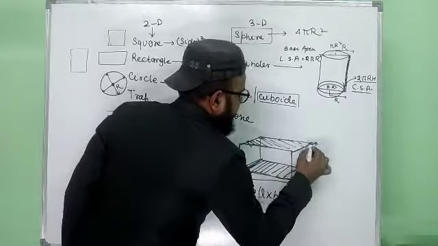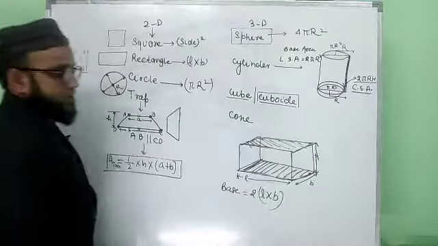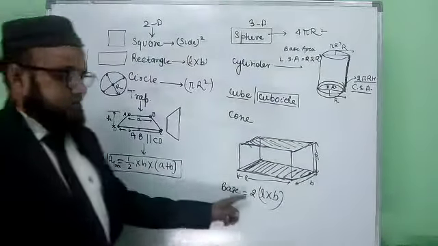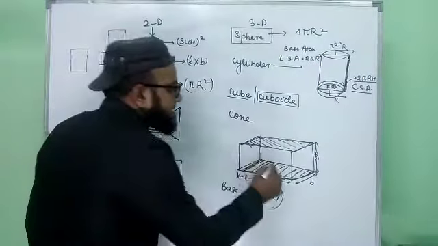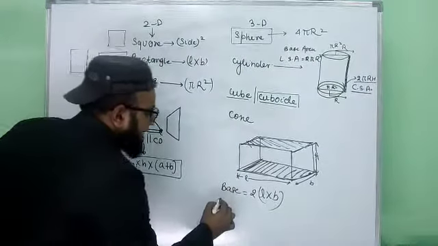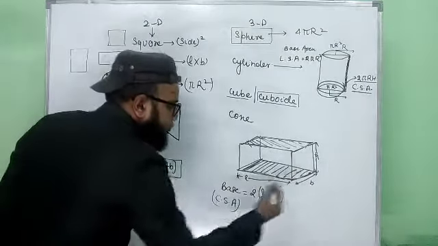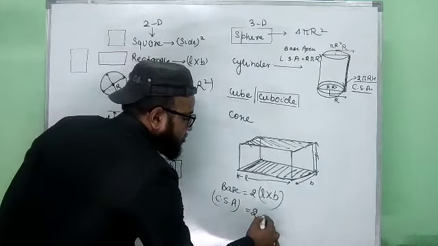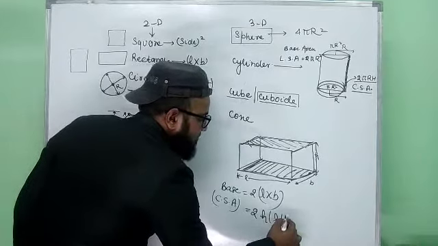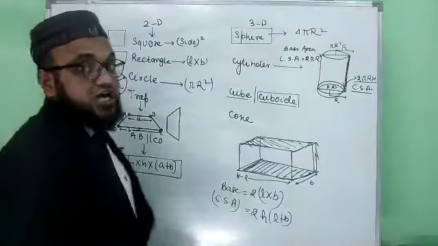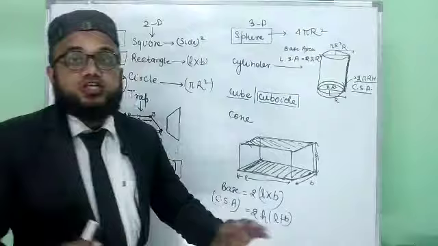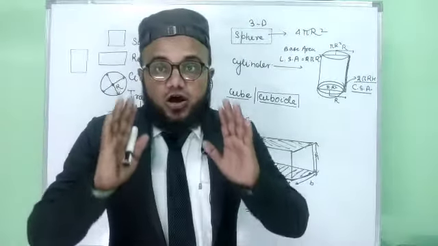But when the question is asking about the curved surface area, CSA of a cuboid, we have to use the formula 2 H into L plus B.